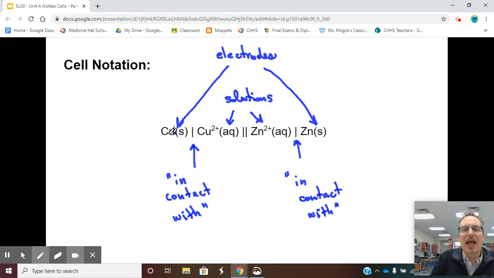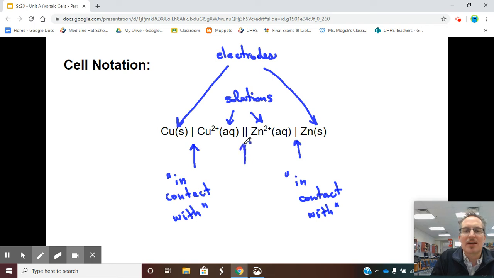So copper electrode is in contact with copper 2 solution. Zinc electrode is in contact with zinc solution. And if you remember, on the third page of this lesson, copper is in copper solution, zinc is in zinc solution. They have to be in their same half reactions. So a single line means in contact with.